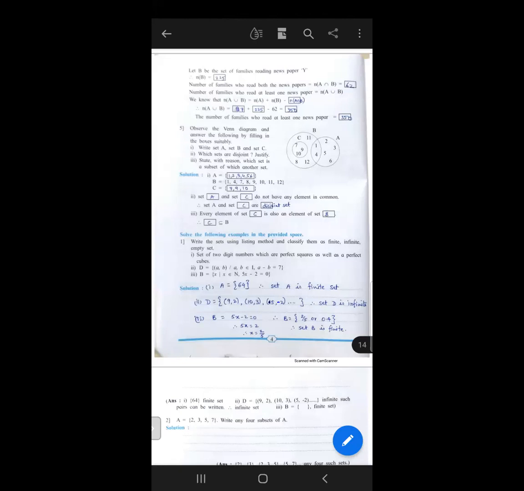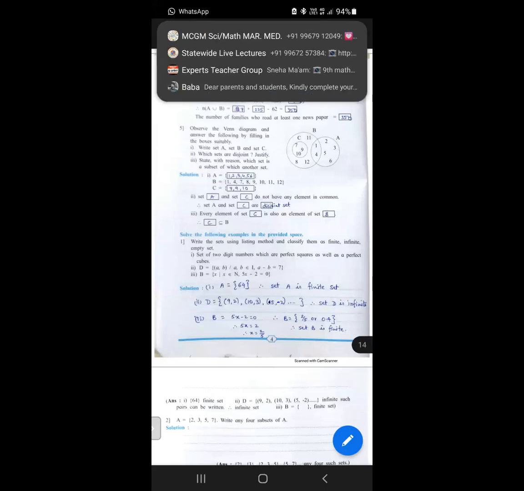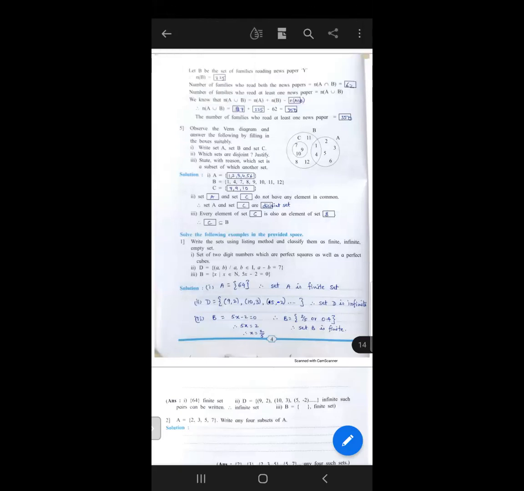Whatever set you get, see whether it is in the listing method or not. When you convert a particular set into the listing method, it is very easy for you to solve that particular question. Okay, so here 3 sub-questions are given. You need to convert each into the listing form, and then identify whether that particular set is a finite, infinite, or empty set.